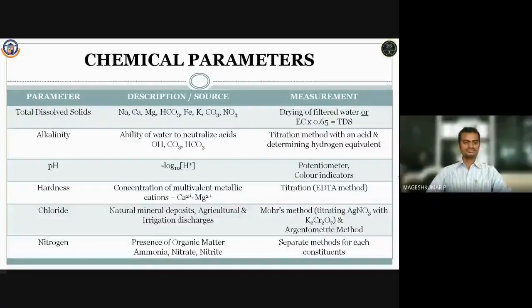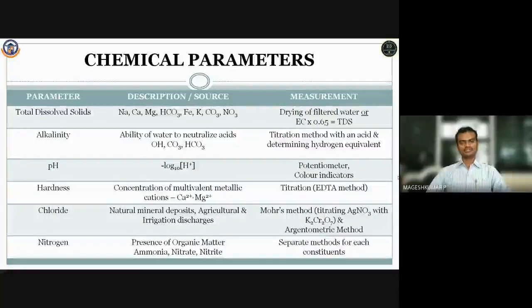And the nitrogen, the presence of organic matter gives you the nitrogen. Three forms we can find in the water: ammonia, nitrate, and nitrite. Ammonia is the indicator for the fresh sewage mixture, fresh pollution. Nitrite is the intermediate product, and nitrate is the stable end product.